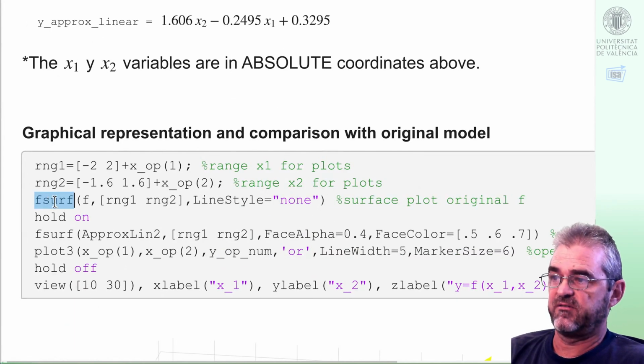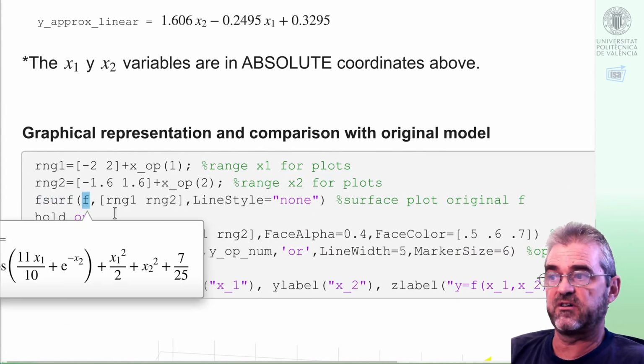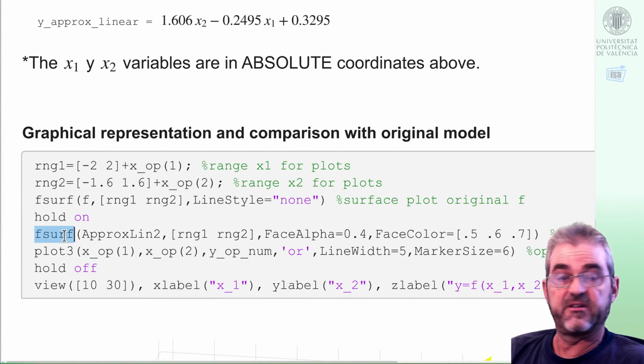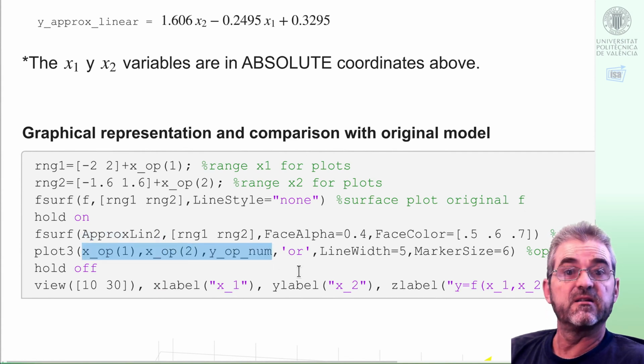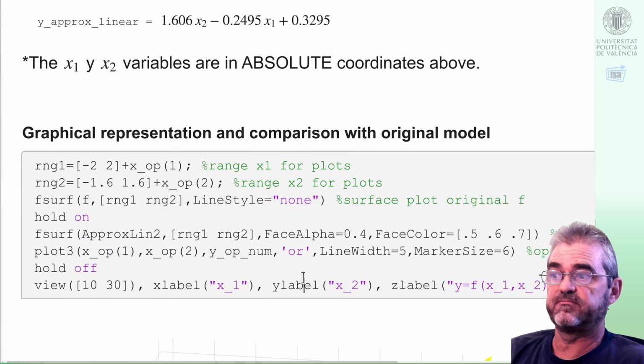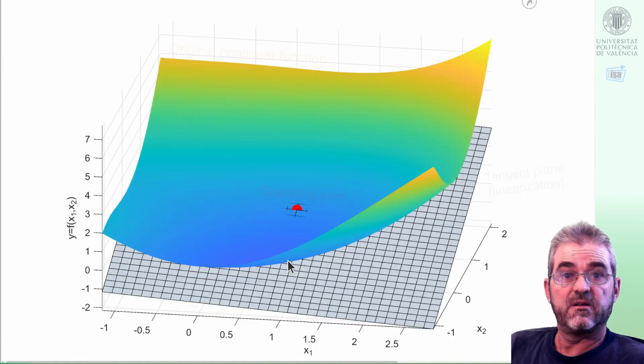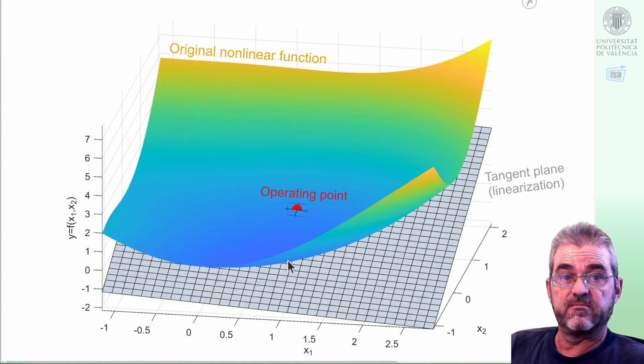Then I have here the f surf of the original function. I have here f surf of the linearized approximation. This is again a ball at the operating point. And here we have the function in color and the tangent plane linearized approximation in gray.